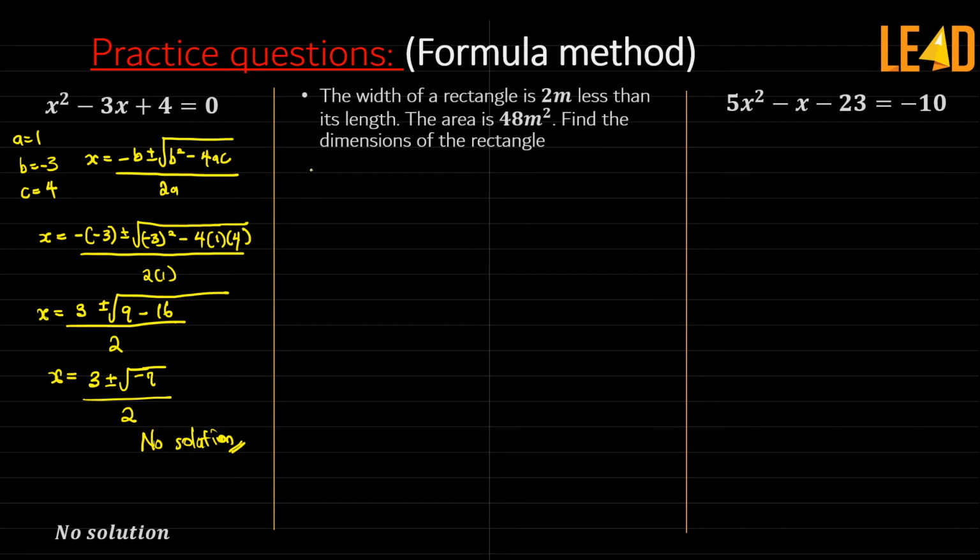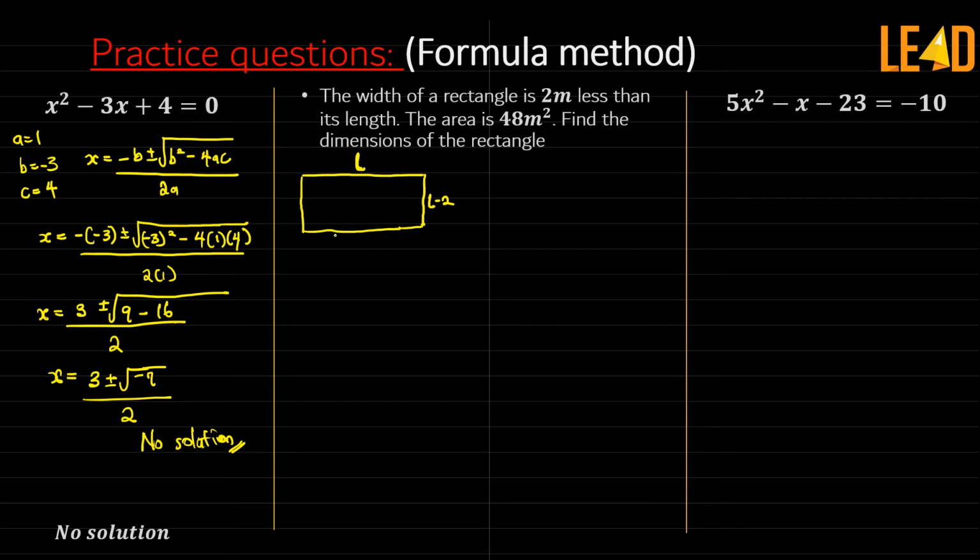All right. The next question: the width of a rectangle is 2 meters less than its length. The area is 48 meters squared. Find the dimensions of the rectangle. Let's use L to represent the length, then the width would be L minus 2.